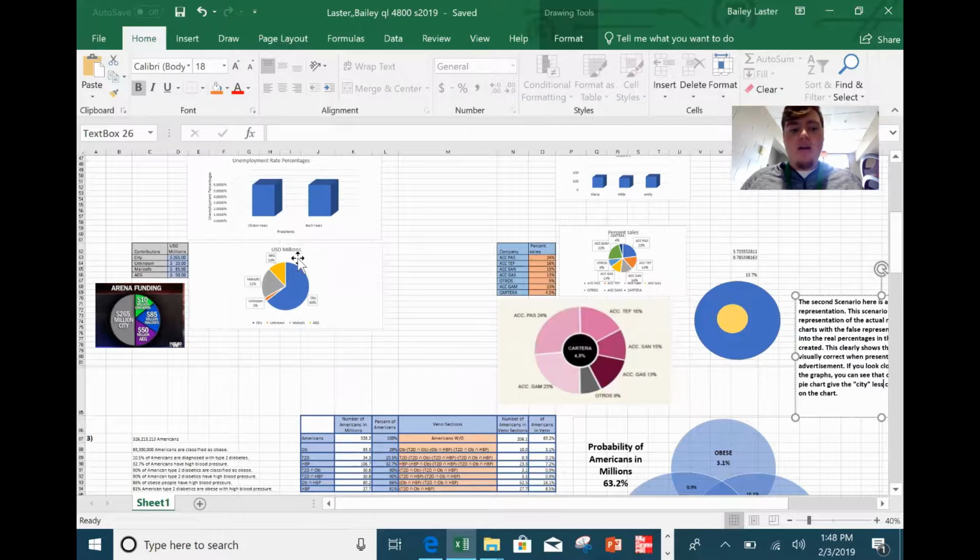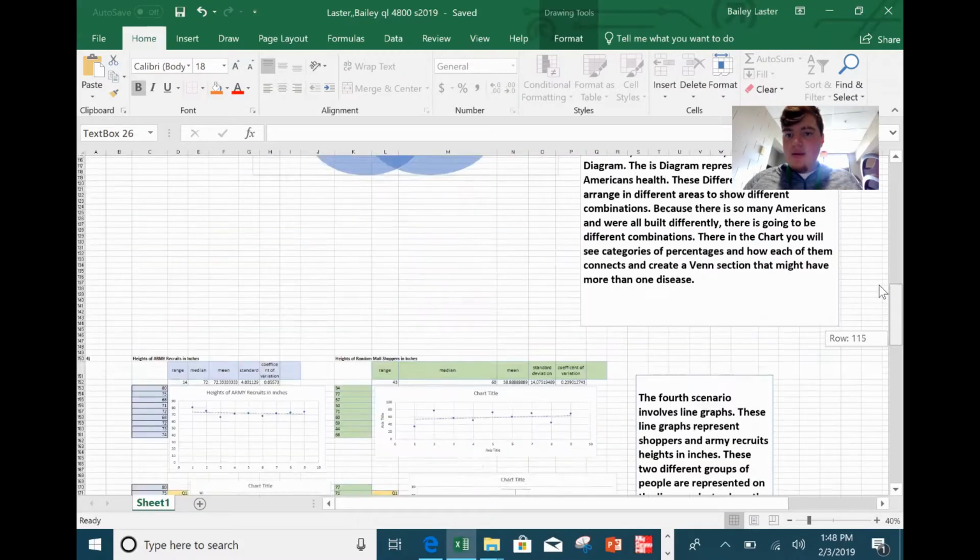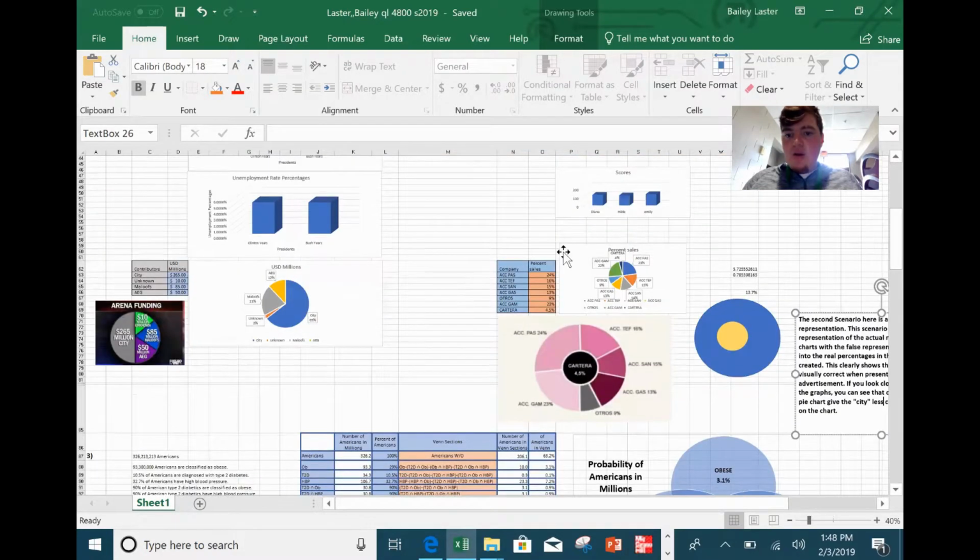If you go over here and look, 265 million represented on a true pie chart is more than half. Along with these charts as well, most of these advertisements were not accurate by any means. They were closer than this one, but they were still not accurate.